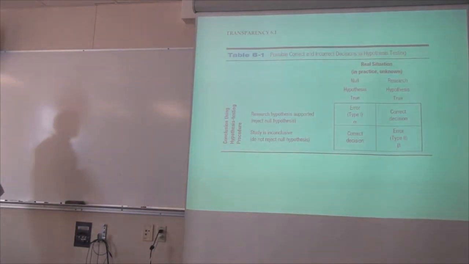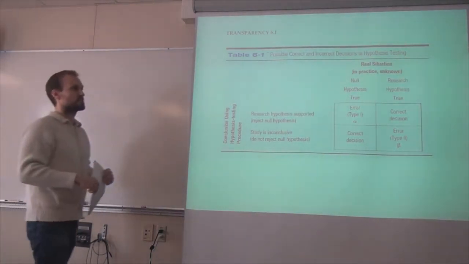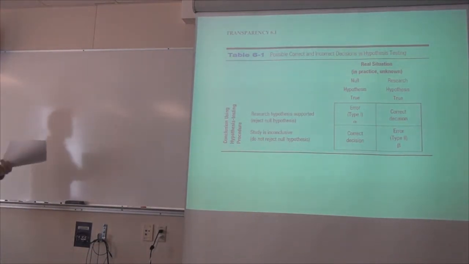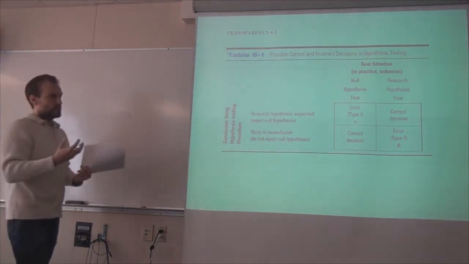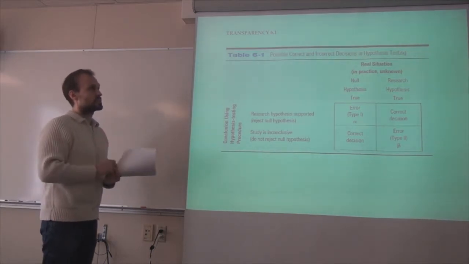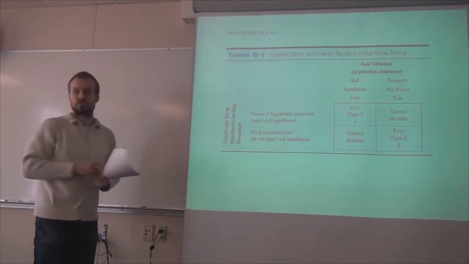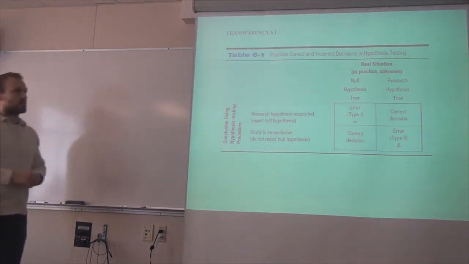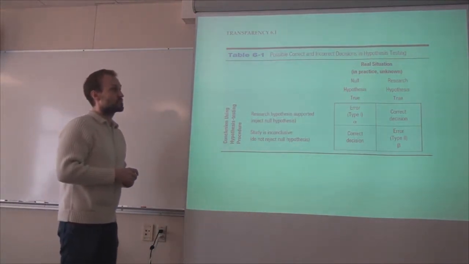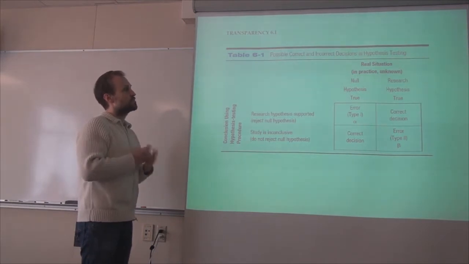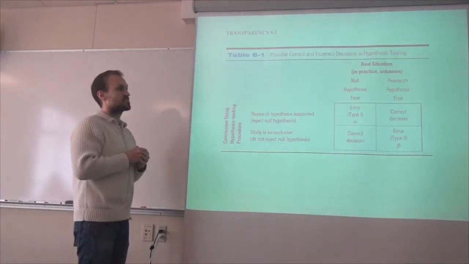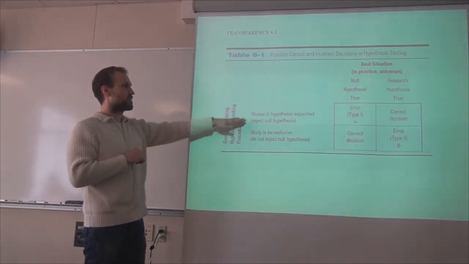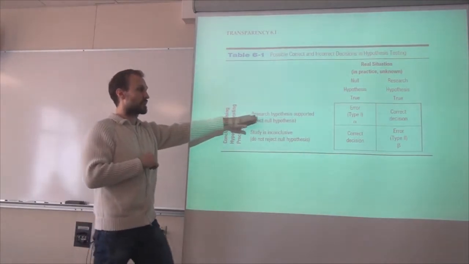On the other hand, the research hypothesis could have been true, meaning that if I'm testing whether there has been a change in the average score or whatever after a certain treatment, then the research hypothesis should be true. So if I then take a sample and I see that it's extreme enough, based on my significance level, to reject the null hypothesis, that would then be the correct decision.